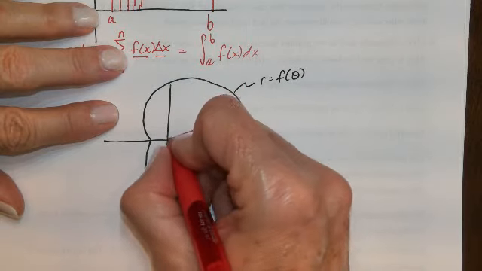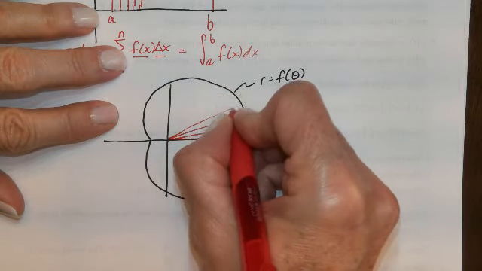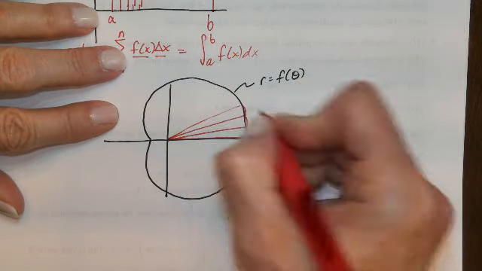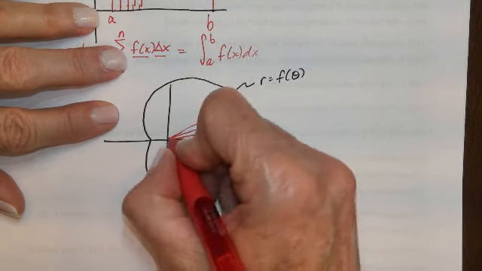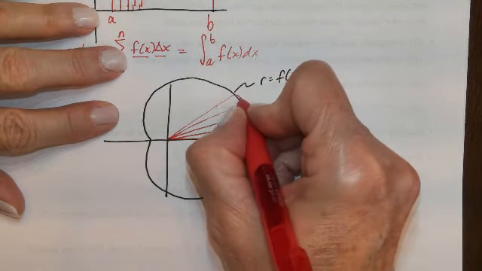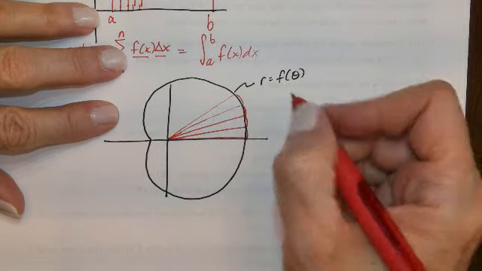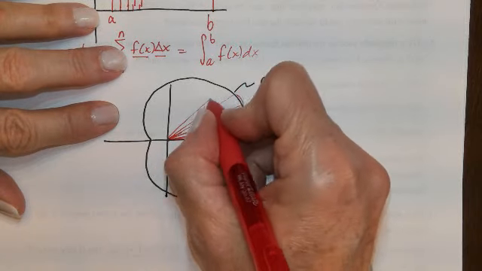Usually they're not curvy enough, but I think you get the idea. Each of these is part of a circle. So each of these is a sector. And this would totally work.